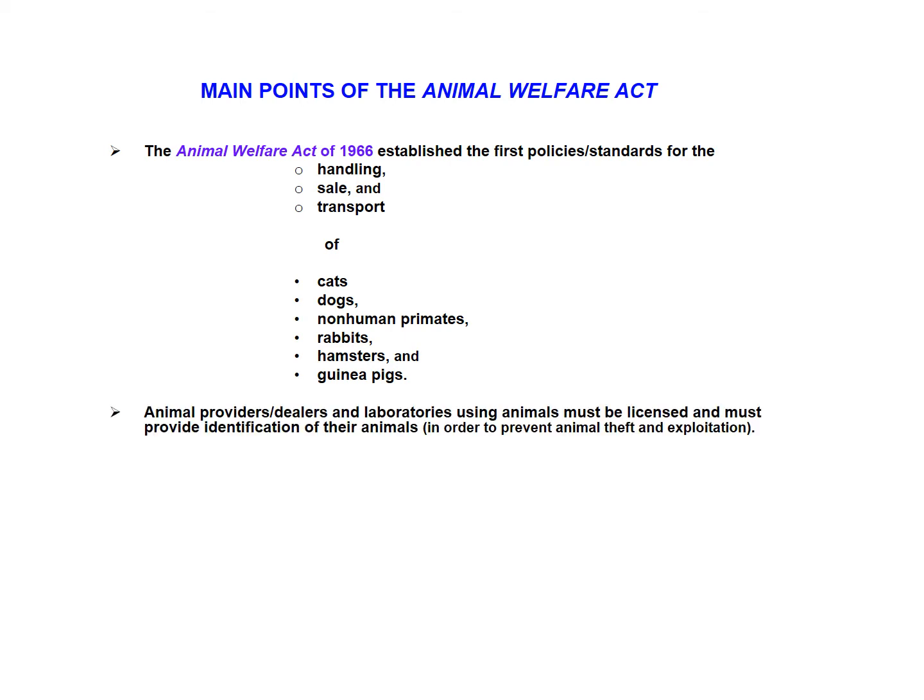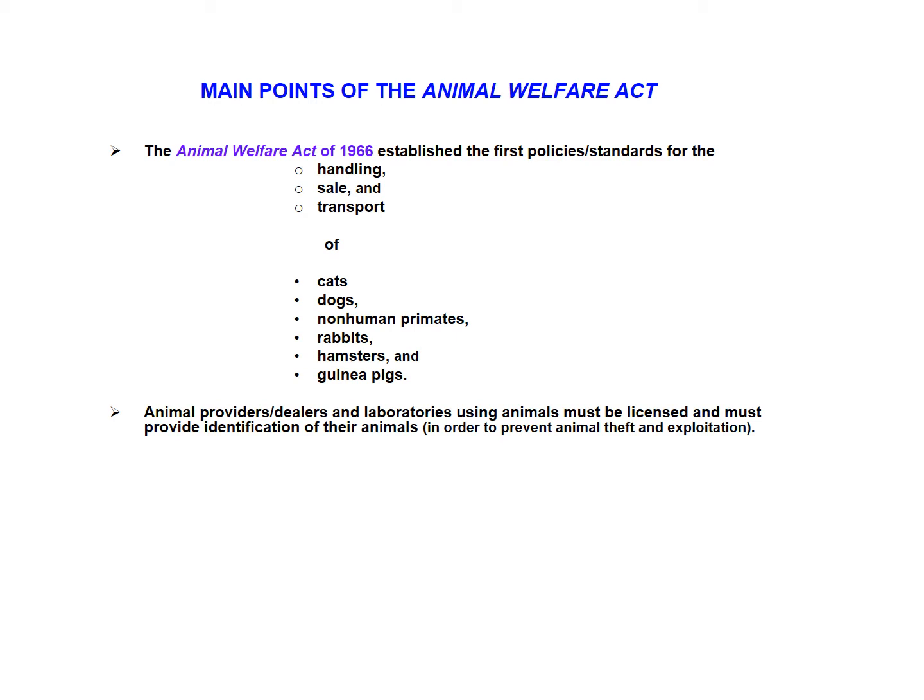In addition, providers and or dealers of animals and the laboratories where these animals are used for experiments had to be licensed, and in addition must provide identification of their animals in terms of where these animals came from. This particular requirement was included in order to prevent animal theft and exploitation.